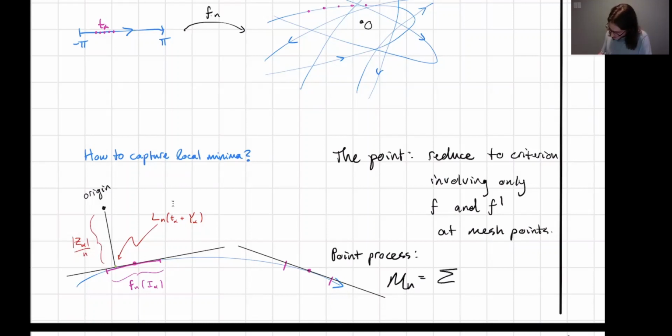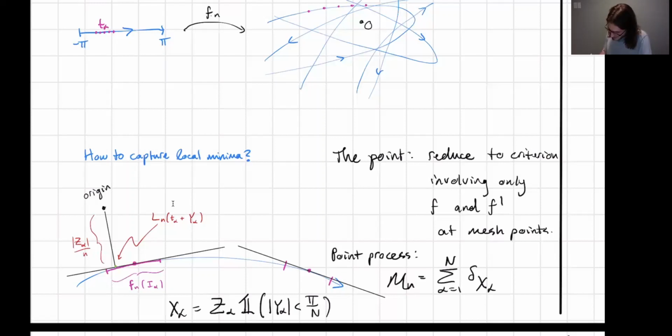So we're going to call our points X alpha, where X alpha is going to be this distance Z alpha, but we'll only take it if it meets this criterion, which in terms of this picture is that this Y alpha, this displacement from the center of that interval, is at most pi over N, I believe.